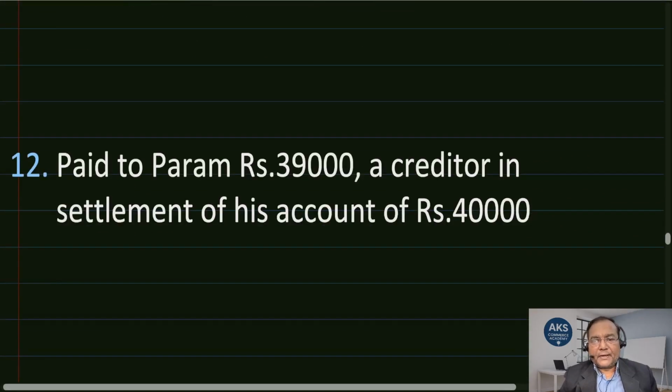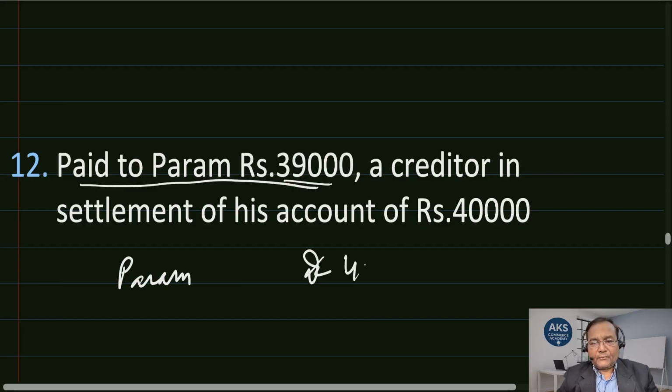Paid to Param 39,000, a creditor, in settlement of his account of rupees 40,000. So 39,000 rupees was paid in settlement of his account of 40,000. Now this is a transaction which has a discount element in it. Out of 40,000, he accepted 39,000. So Param debit 40,000, because we have cleared his account of 40,000.